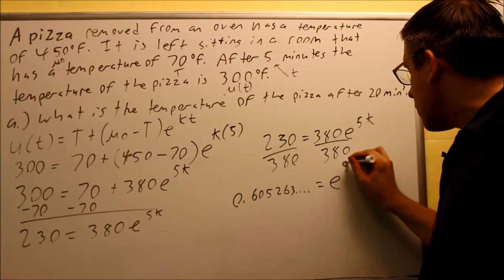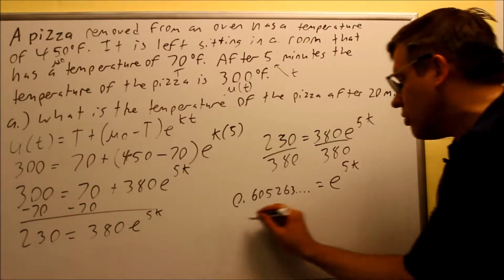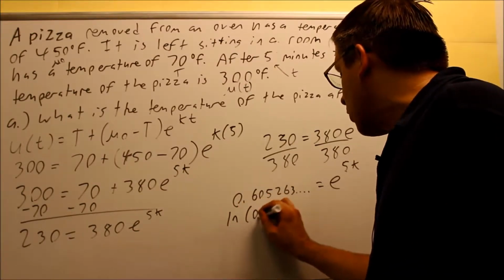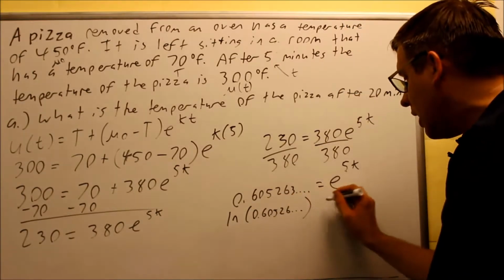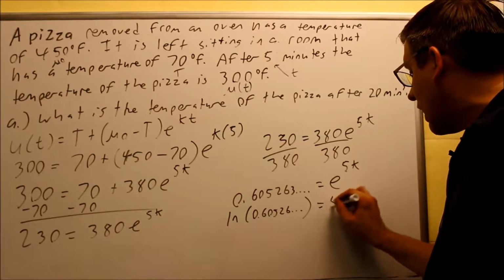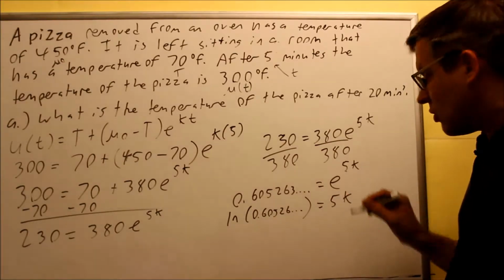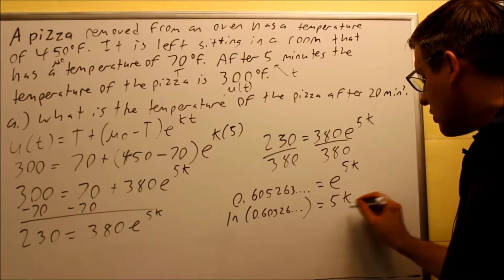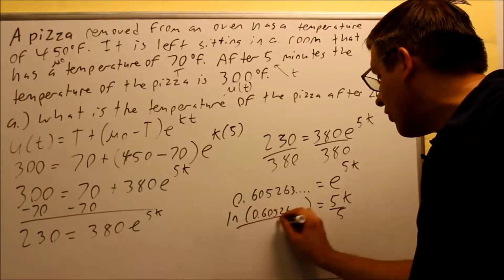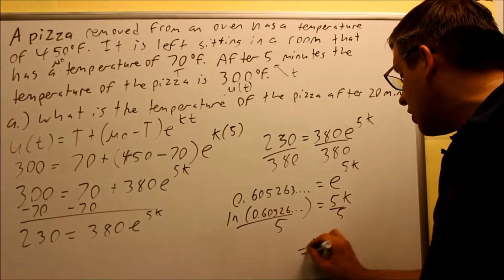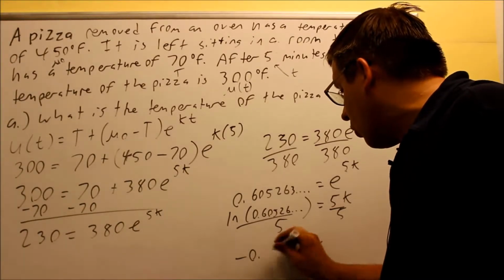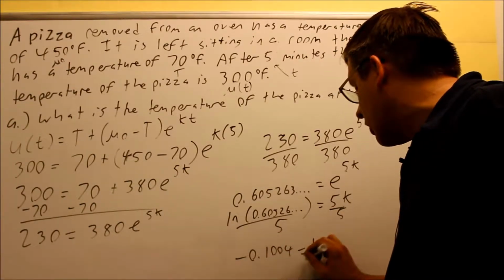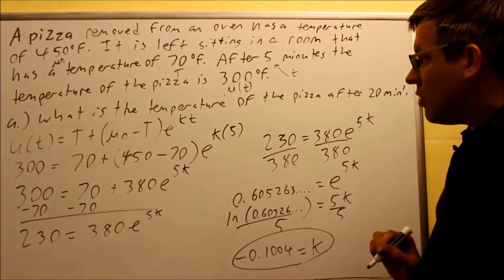We want to take the natural log of both sides. When we take ln of this side, the e cancels and you get 5k. Now you divide both sides by 5, and you get the k value, which is negative 0.1004. This is your k value.